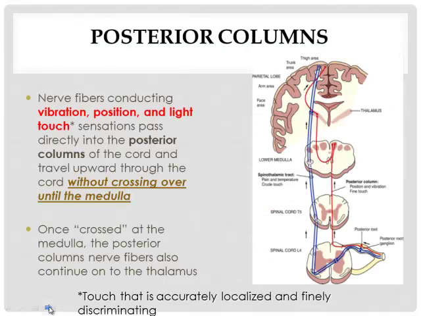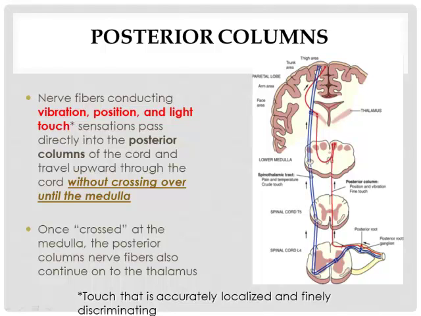So what does this all mean? Well, the key to this is what's going to happen if somebody has a lesion of the spinothalamic tract. That would be the pain and temperature.